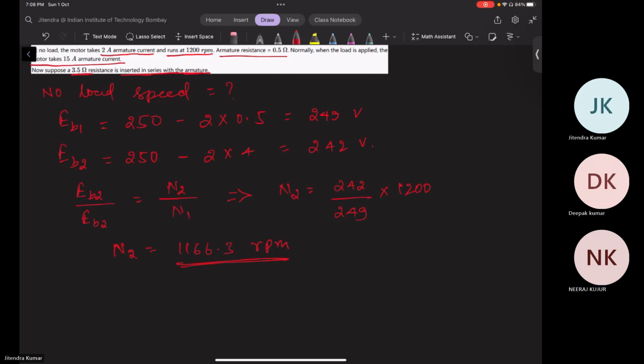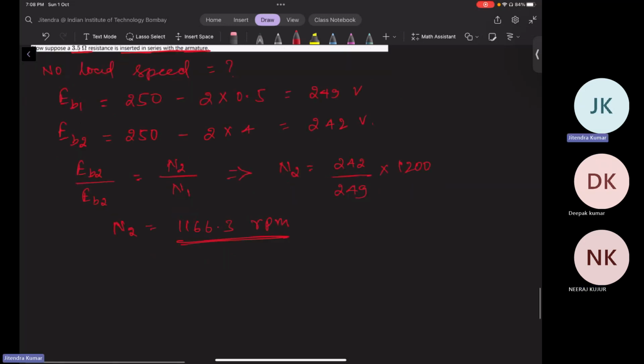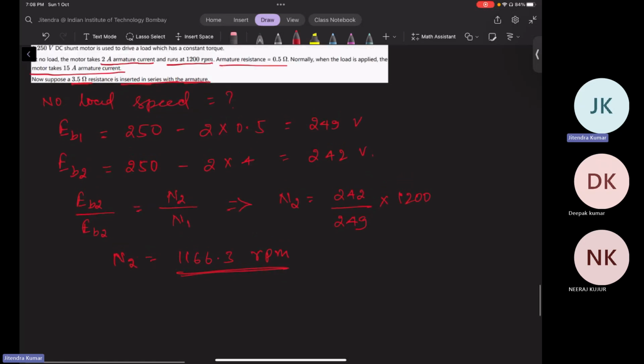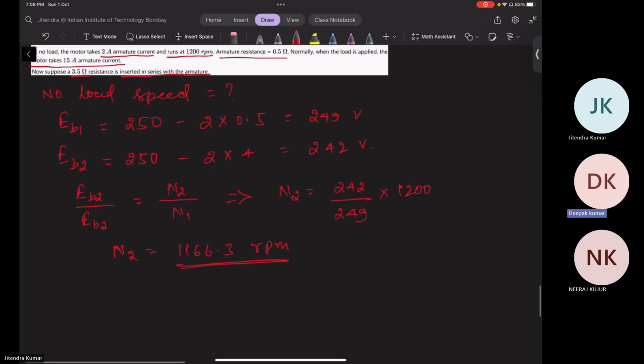No, sir. Okay, now what will happen to the load speed? This was the no load speed. What will happen on load when you have provided 15 amps of armature current? Sir, here armature current will remain constant at 2 ampere.